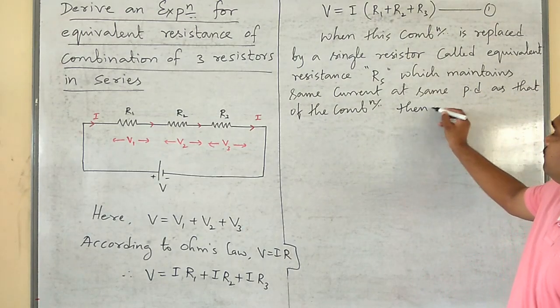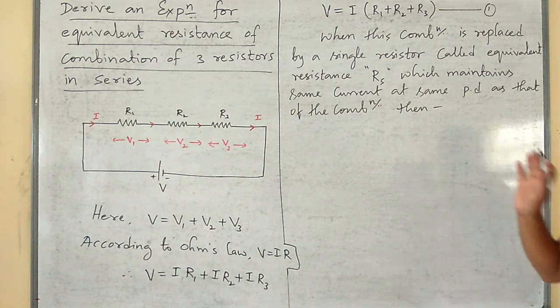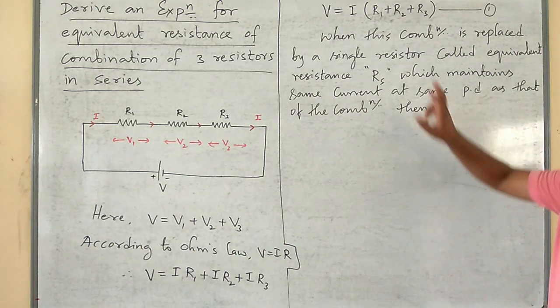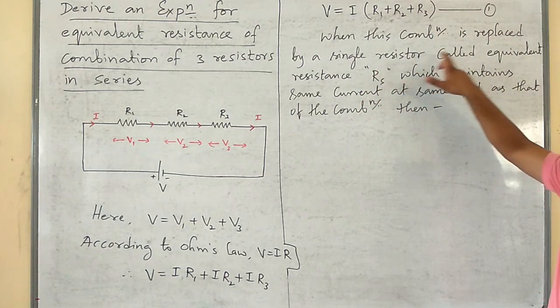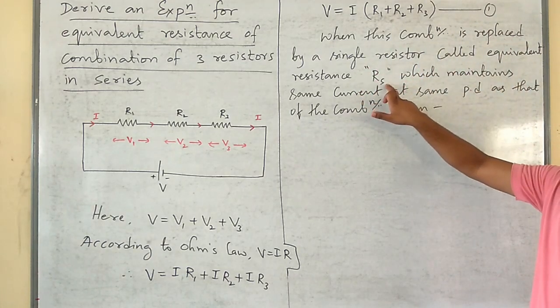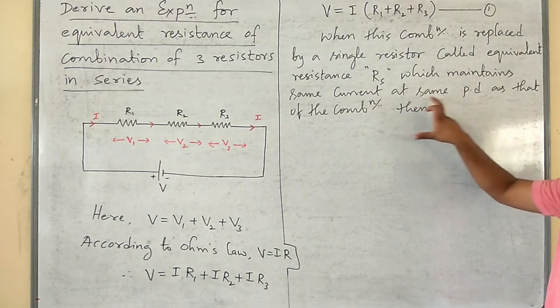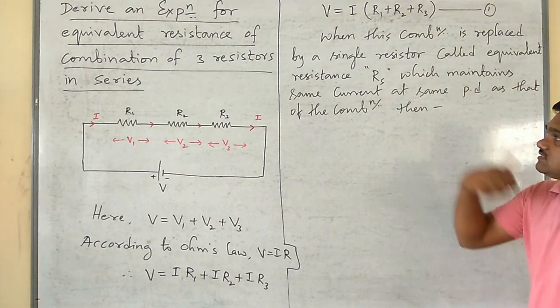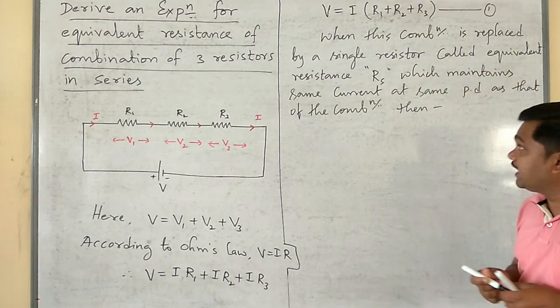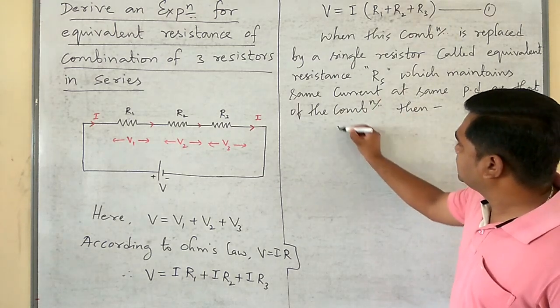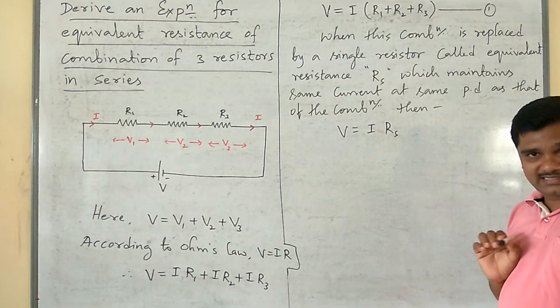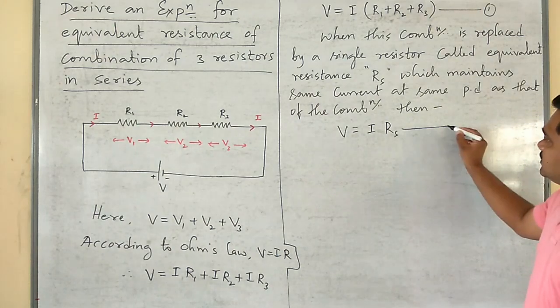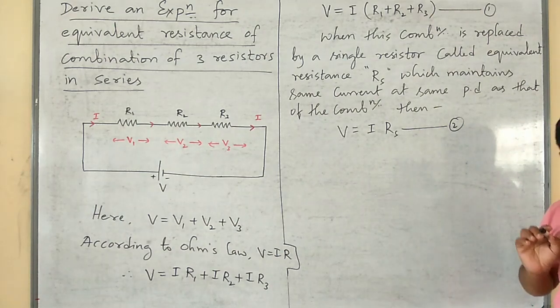Then you have to write this must-write sentence. When this combination is replaced by a single resistor called equivalent resistance RS, which maintains the same current at the same PD as that of the combination, then we can write V is equal to I into RS. Call this equation number 2.